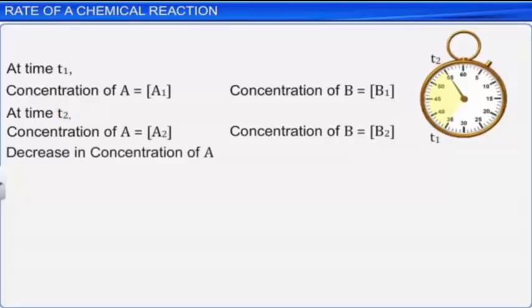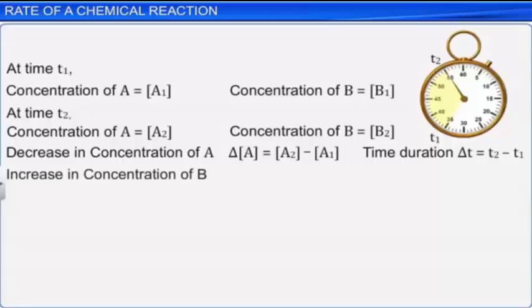The decrease in the concentration of reactant A, delta A, during time interval delta T equal to T2 minus T1 is given as A2 minus A1.